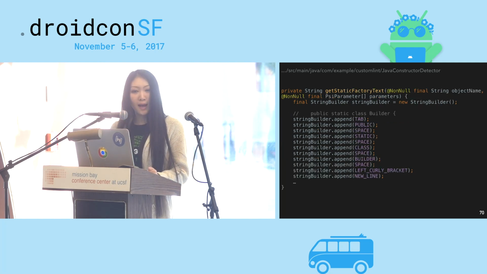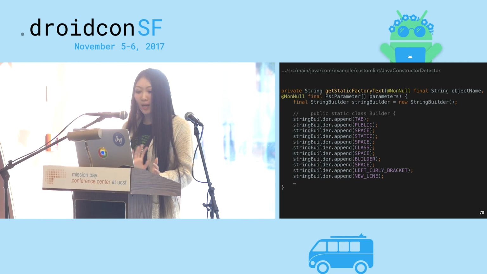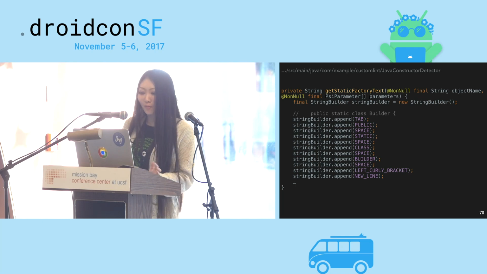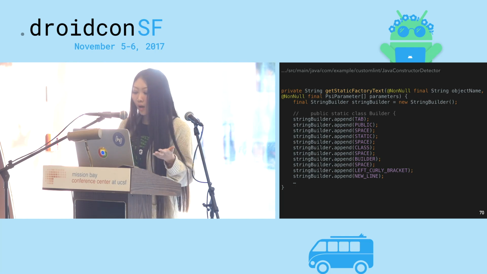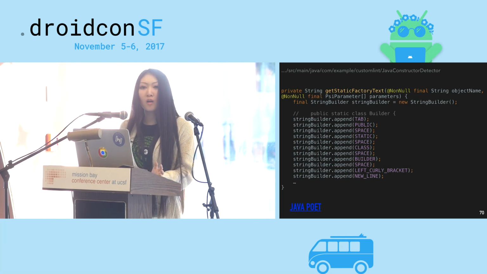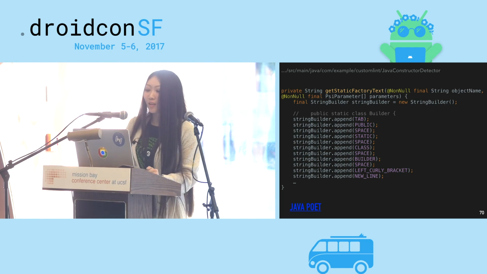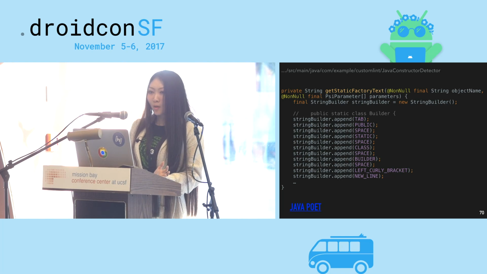You see here that it's actually quite tedious work to generate a simple line of code, but I did this so that we can focus on using lint instead of how to generate code. And fortunately, there's a great library called JavaPoet by Square that generates Java code conveniently, so you don't have to have thousands of lines to generate one line of Java code.